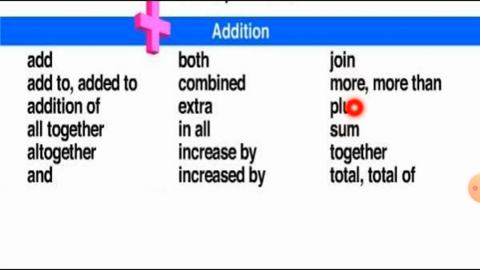Join, more than, whenever you find more or more than, it is an addition. Plus, this is addition. Sum, addition, together, this is the indication of addition sums. And total of, all these words are an indication of the addition, that we have to perform the addition with this sum.